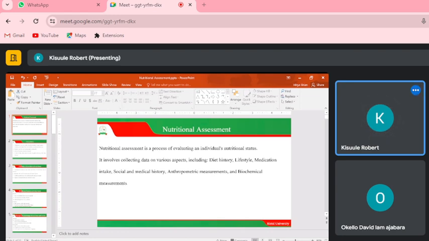Friends, when we talk of the nutrition assessment, we need to have the ABCD, okay? The ABCD nutrition assessment. One would be anthropometry, that would be A. Then for B, we would look at the biochemical assessment. Then for C, we would look at the clinical signs and symptoms, whereby here we are looking at a person's appearance, and this will inform us further on what deficiencies they might be suffering from.